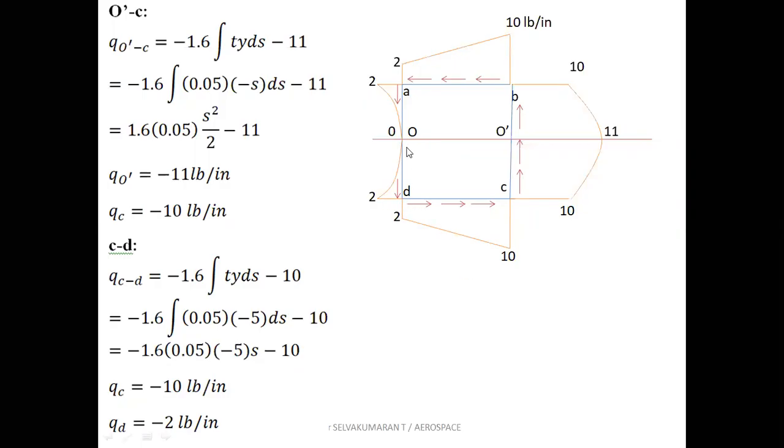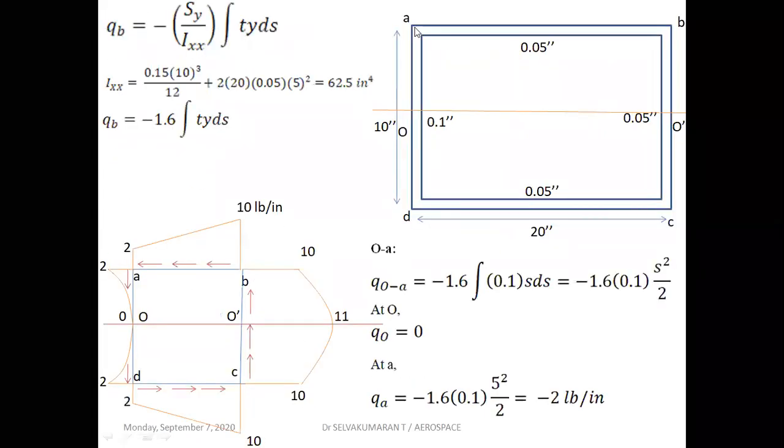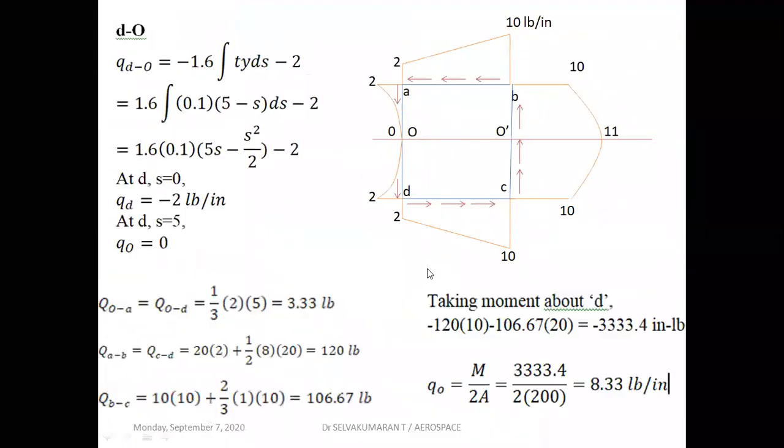Now D to O. Similarly here we take a small element ds at a distance s from D. This distance is nothing but 5 minus s, and it is located below the x-axis.